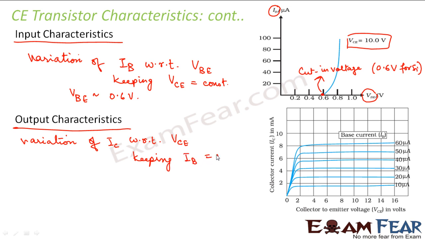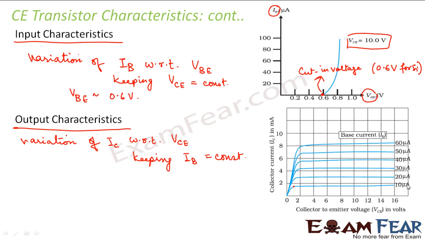That means this time we keep the base current constant. And what do we see? We see that with the increase in VCE, the collector current IC also increases up to a certain point beyond which the current becomes constant.